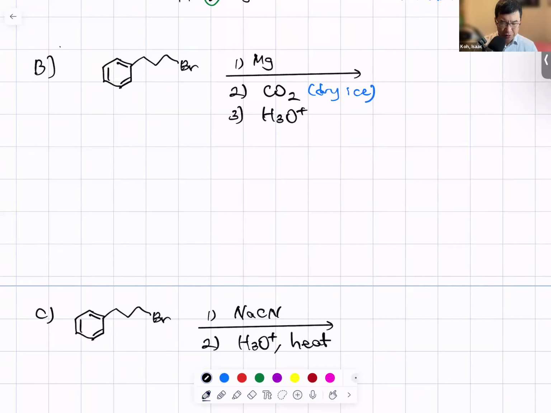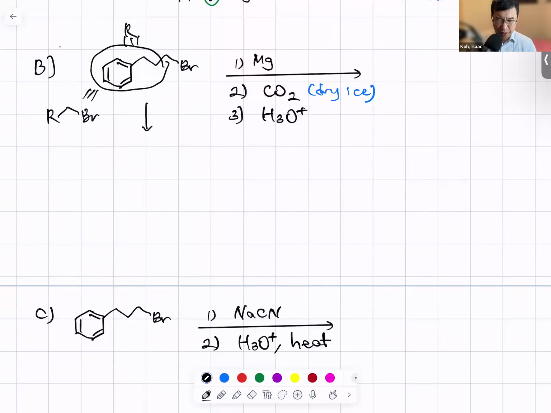Here, let's say this one is the R group and bromide, a primary alkyl halide, and this one, magnesium in ether solvent.